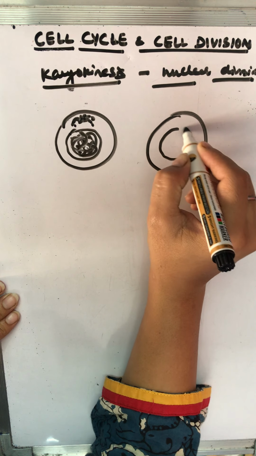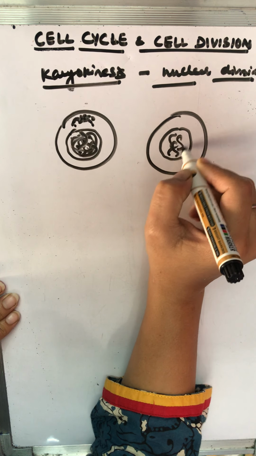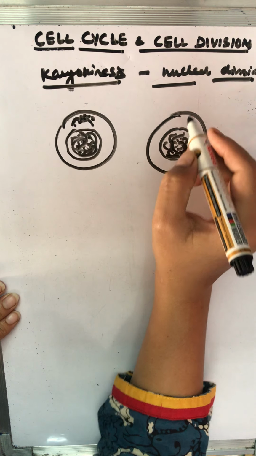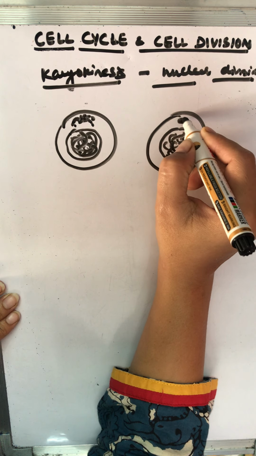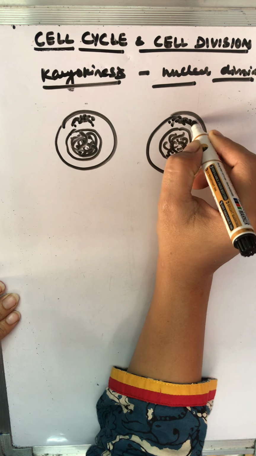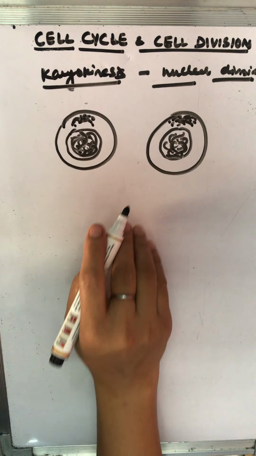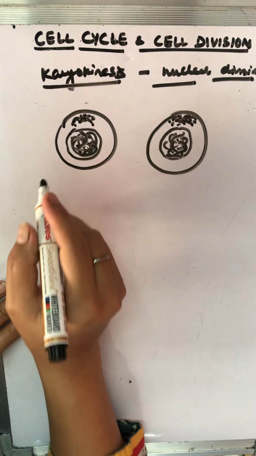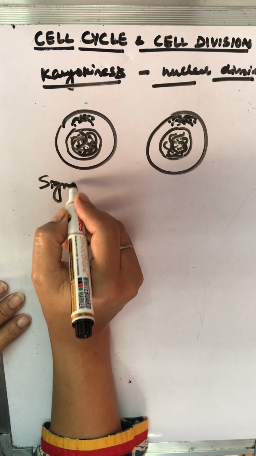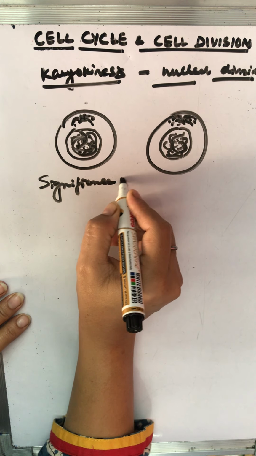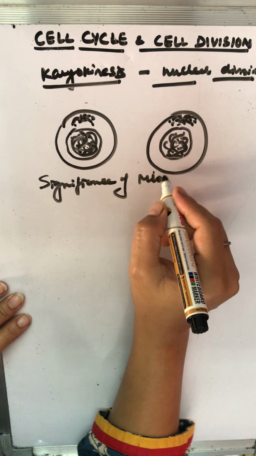These are there. It means we get two daughter cells now from one cell without reducing its DNA content. Okay, so what is the significance of mitosis?